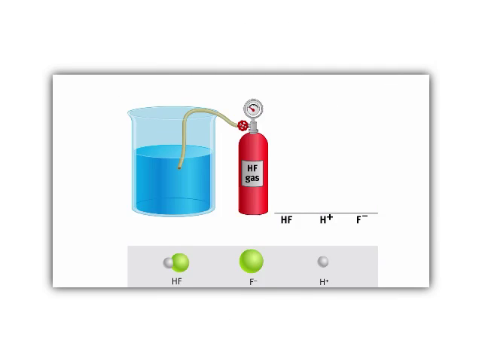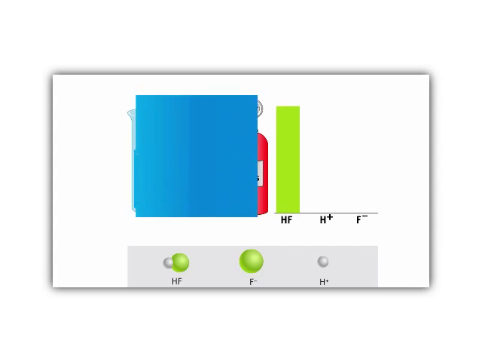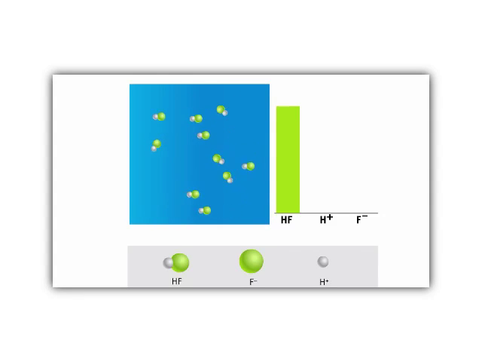Okay, so now we're going to take a look at hydrofluoric acid and what happens when we have this gas in water. So we'll play forward a little bit. So just like before, we have all HF to begin with, and after a time, a little bit of the hydrogen ion and the fluoride ion form.